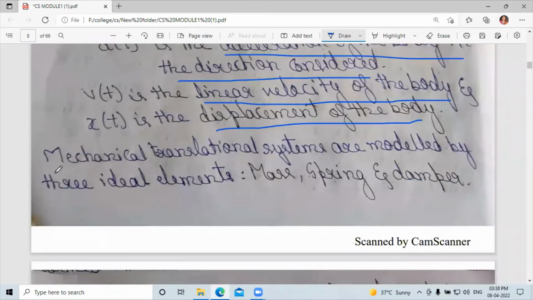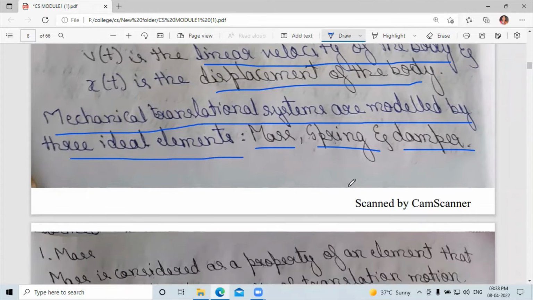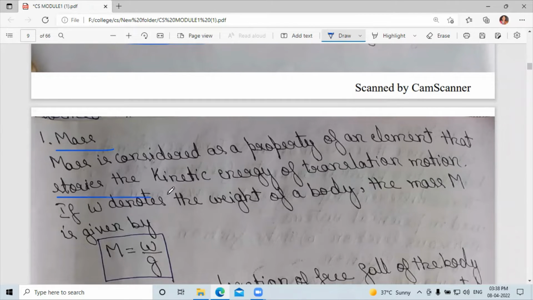Next, mechanical translational systems are modeled by three ideal elements. They are mass, spring and damper element. We can call it friction also, instead of damper. First, mass. Mass is considered as the property of an element that stores kinetic energy.